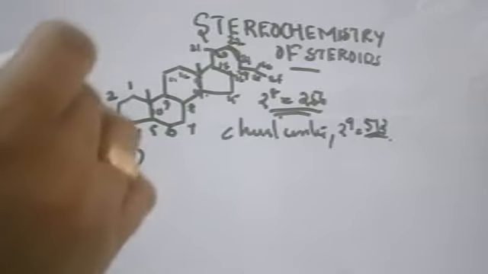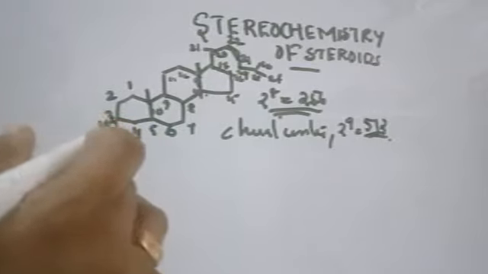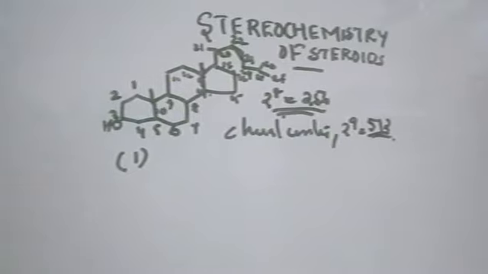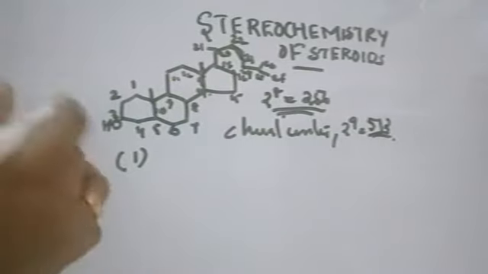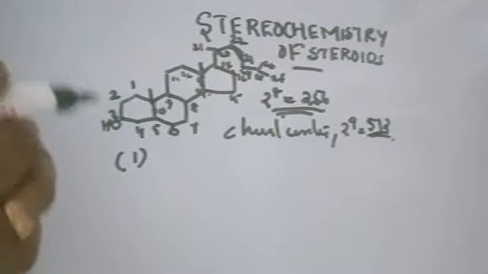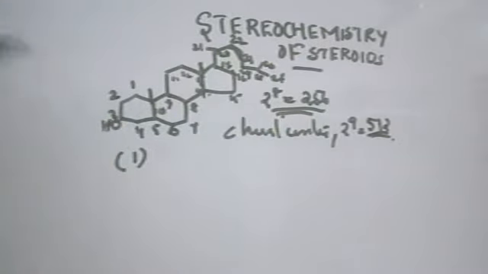That is why we take the cholesterol-like structure as a reference for the stereochemical models. Here it is a sterol, with a hydroxyl group in the third position, and a saturated cholesterol structure.